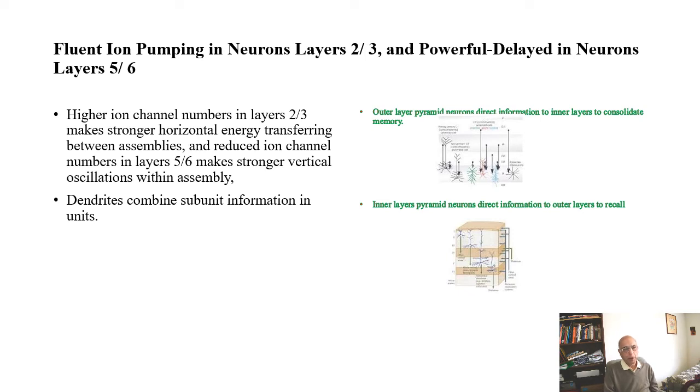But in the pyramidal neurons, in the inner layers, reverse to other species, the number of the ion channels decreases, and it means that the pumping of the ions from inside the cell to outside will be somehow blocked, but from those ion channels which are not blocked, the output is more strong and powerful.